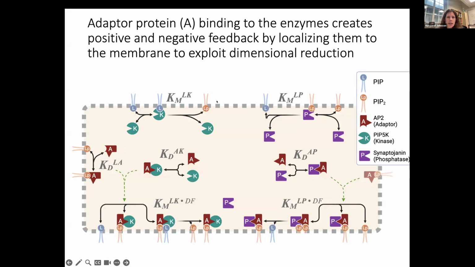So this is the 3D enzyme catalysis, and this is a 2D enzyme catalysis. So now you've got your enzyme, and it's held right at the membrane, and so it can take advantage. You effectively activate the enzyme by sticking it to this adapter. And we make sure that our networks always obey detailed balance, except for these catalytic reactions.